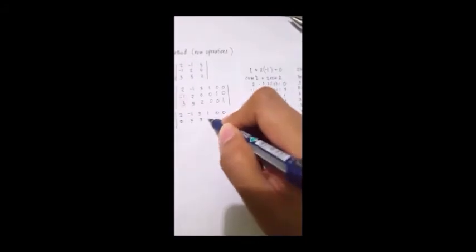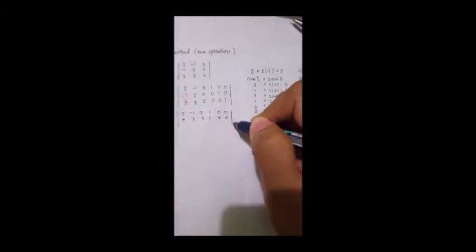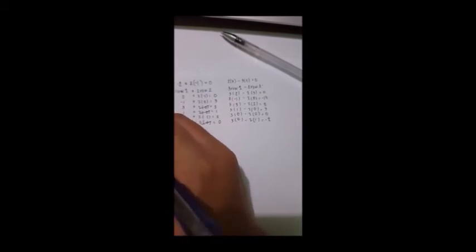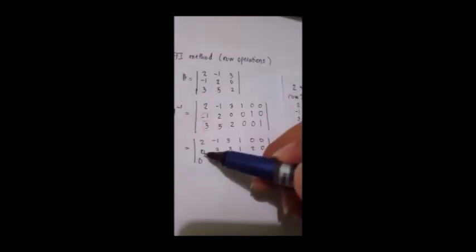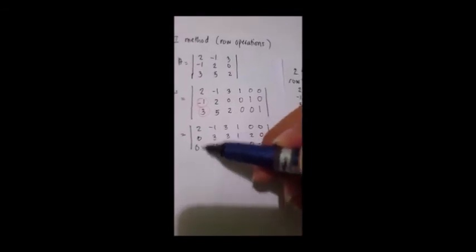And, meron na akong values ng row 3. Yan. We have 0, negative 13, 5, 3, 0, and negative 2. Ayan. So, eto na yung bagong matrix ko. Na-change ko na yung part dito na 0.